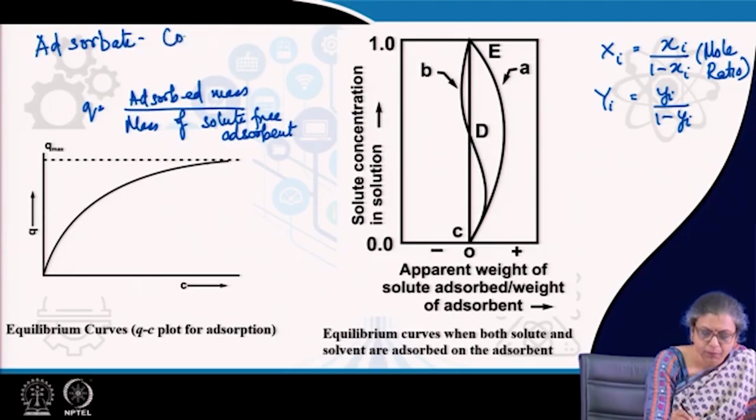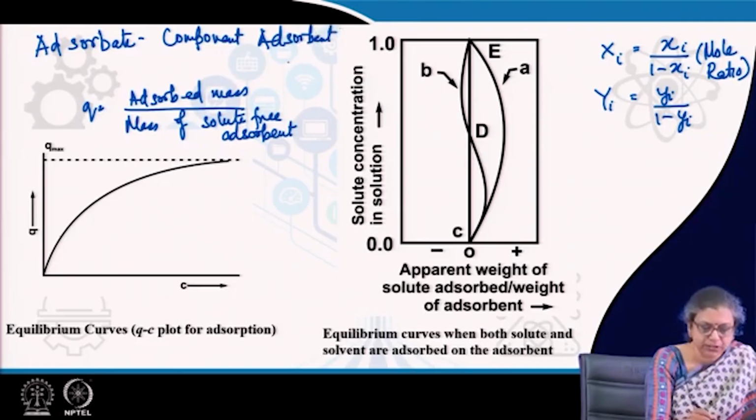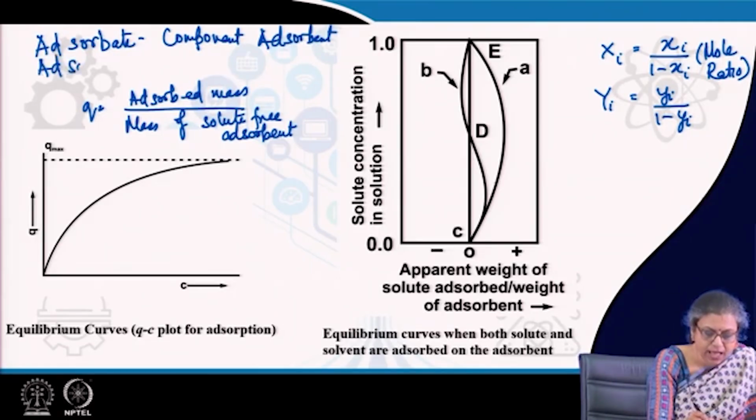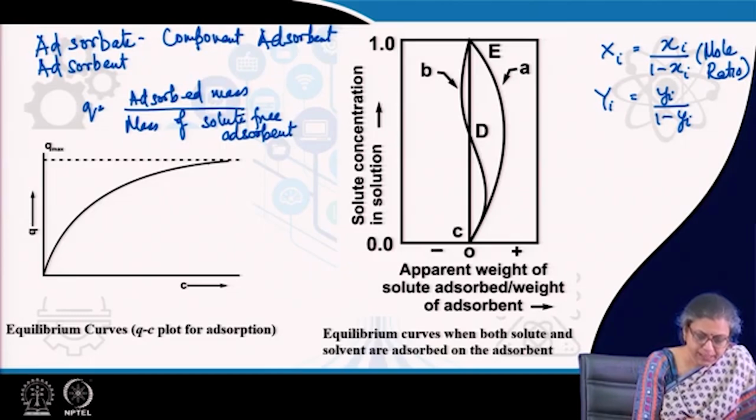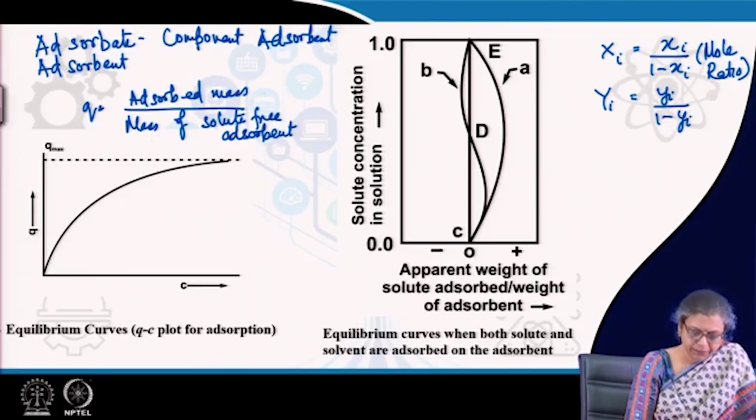That means the component which is adsorbed, and the solid which adsorbs this component is known as adsorbent, right. This is the component which adsorbs, and what does it adsorb? It adsorbs the adsorbate. So, in this particular case it is the adsorbed mass of the adsorbate divided by the mass of the solute free adsorbent, right.